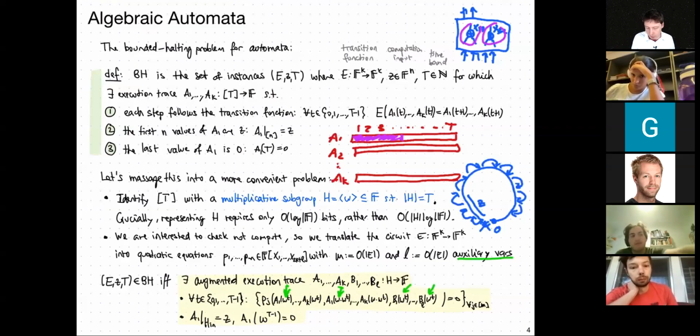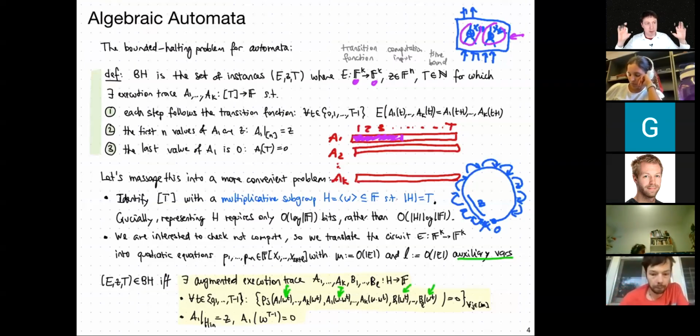Before, we only had input variables and output variables, but then we also introduced these intermediate variables as well, okay? But how many variables are there? No more than the size of the circuit, okay? This is completely analogous to when you reduce, I don't know, Boolean circuit satisfiability to 3-SAT, okay? You're breaking up the circuit and introducing auxiliary variables to represent the computation of the circuit using a 3-SAT formula, right?